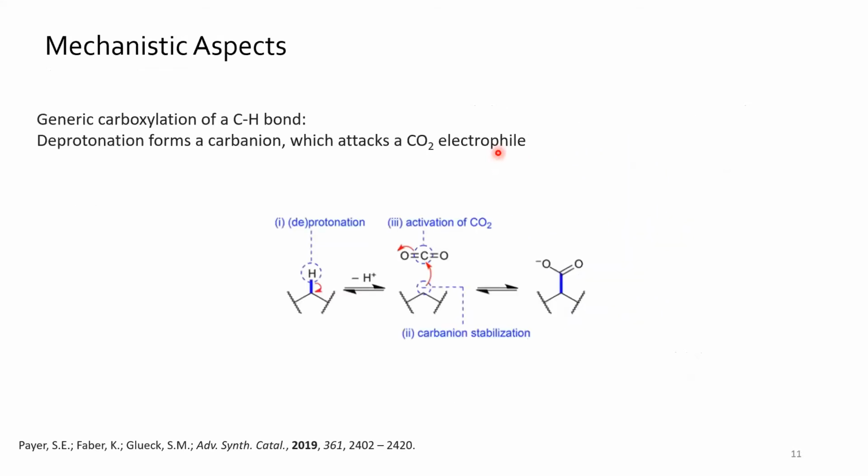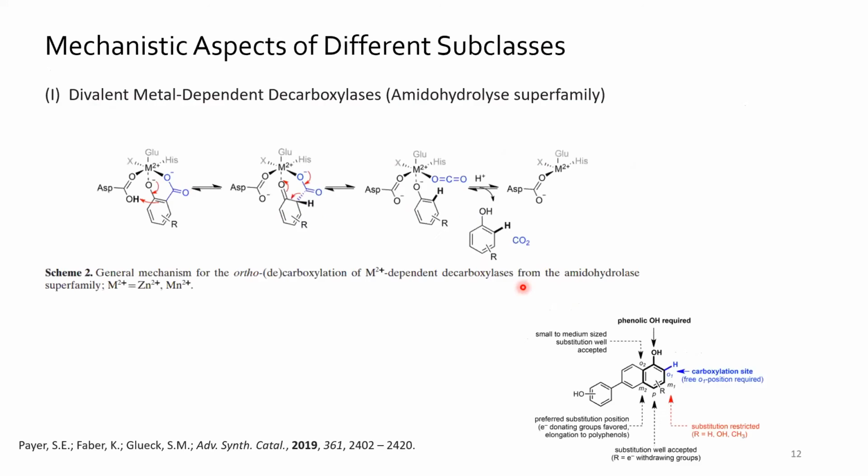So let's talk a bit about the mechanism. Here you can see just the generic carboxylation of a CH bond. First, the deprotonation is happening, which yields a carbanion, which usually has to be first stabilized so that it can nucleophilically attack this activated CO2 molecule. And so you get your carboxylated product.